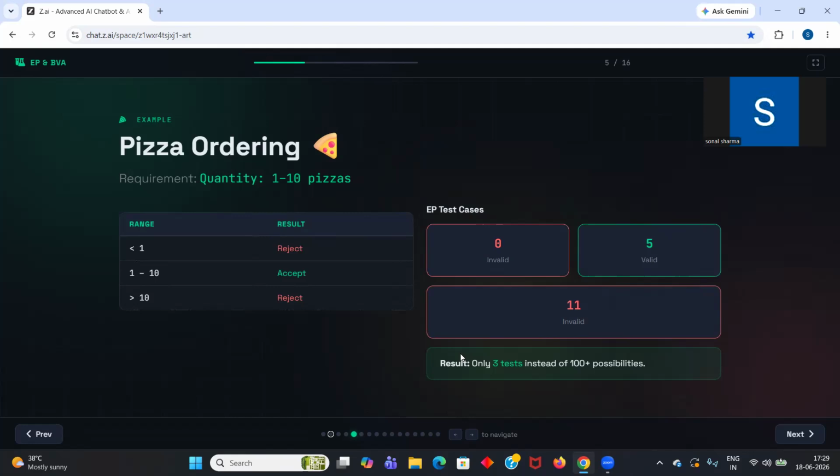So again you have three cases. You can take value as 0, which is your negative test case. It should be rejected. Value between 1 to 10, that is 5, it should be accepted. And one value more than 10, that is 11, it should be rejected. So you need only three tests instead of 100 plus possibilities.